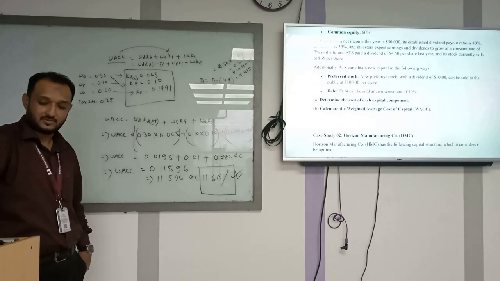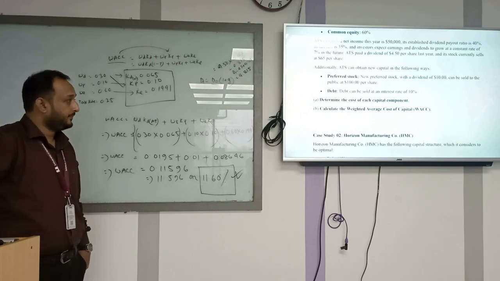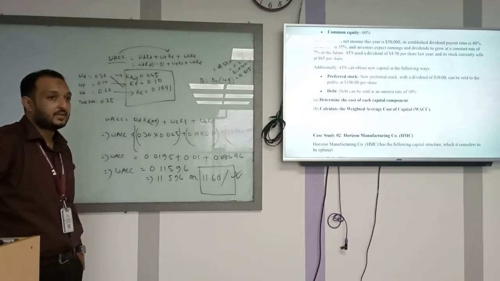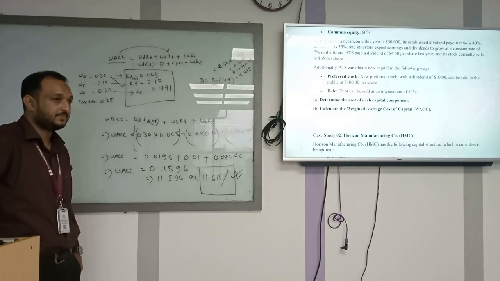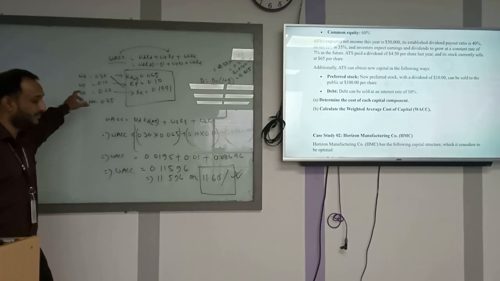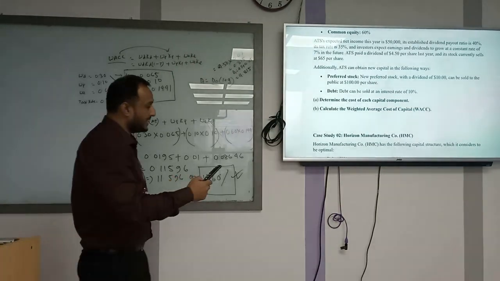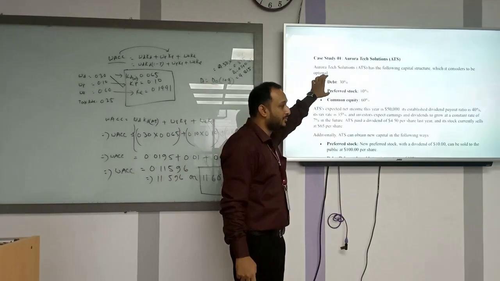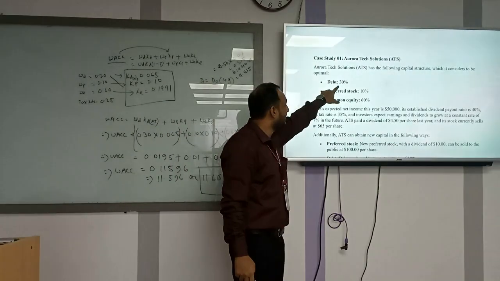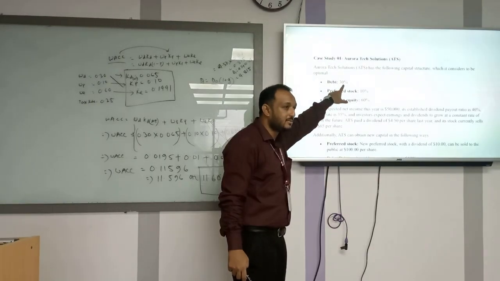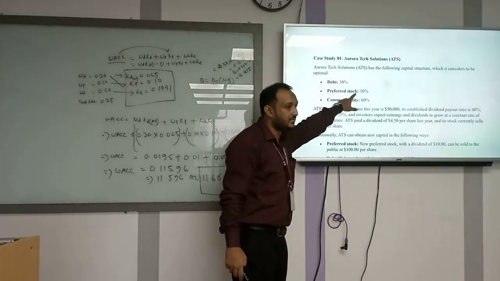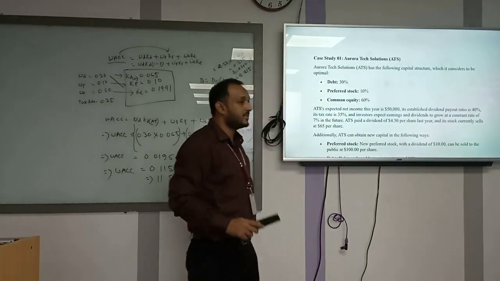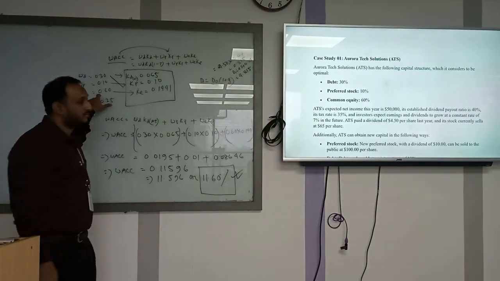This is the answer to number two, and the ones we found first are the answer to this number: Kp, Ke, and Kd. This is given. Normally we would have to find it, but the weight is given already. So 30% divided by 100 is 0.30, 10% divided by 100 is 0.10, 60% divided by 100 is 0.60.